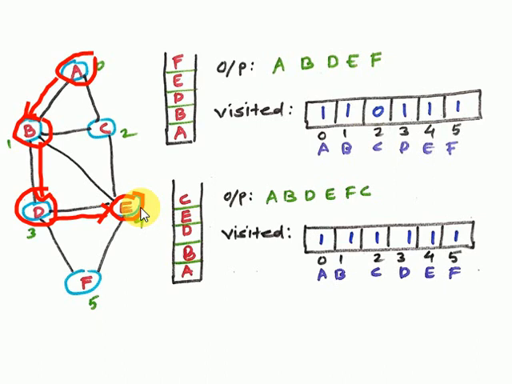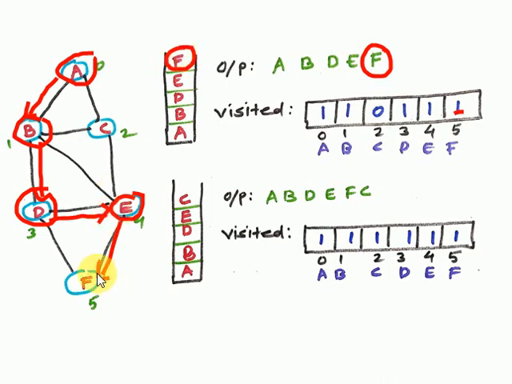Now once I come to vertex E, I find that vertex F is connected with vertex E. So I'll go to vertex F, and in the previous case we have seen vertex F was not visited. So I'll now mark F as visited, display F and push F onto the stack.